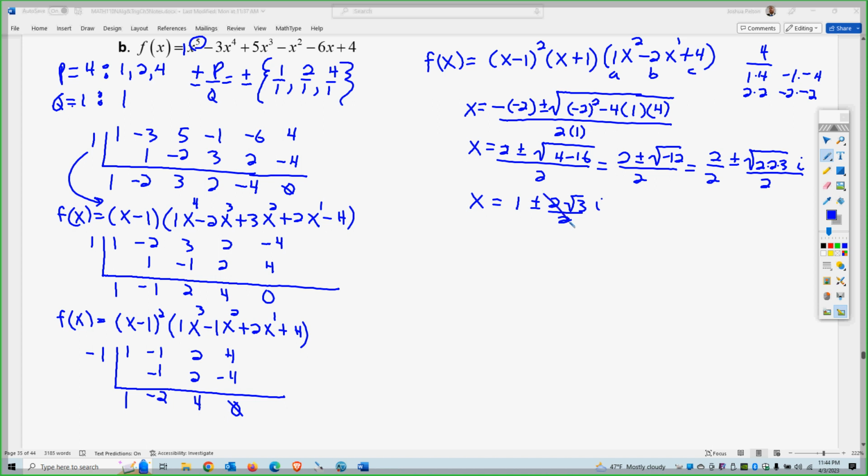So those cancel. So I get 1 plus or minus root 3i. Okay. All right, so I have two imaginary answers here. So my function is x minus 1 squared, x plus 1. We'll do brackets here. x minus 1 plus root 3i.